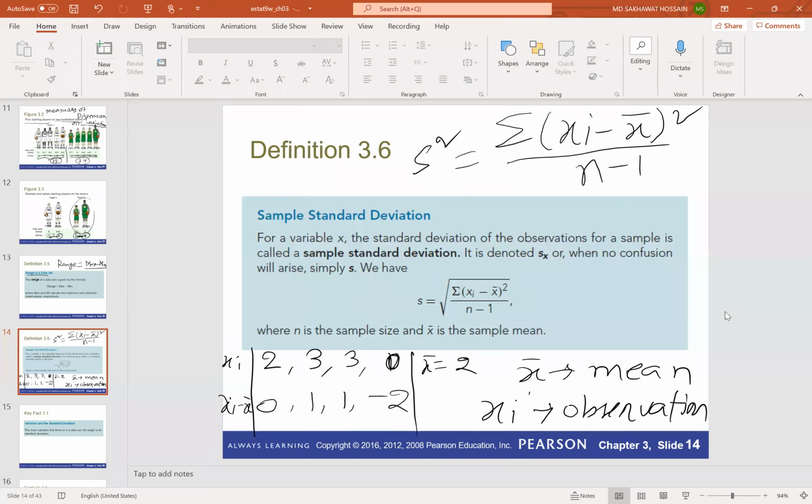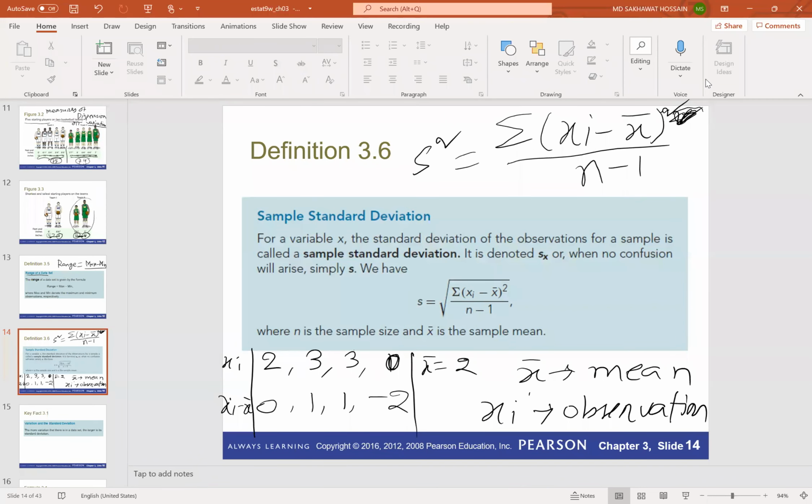So if you do not take the square, if you just take the deviation of each observation from the mean and add them together, then it will always become 0. That's why we take the squared deviation.